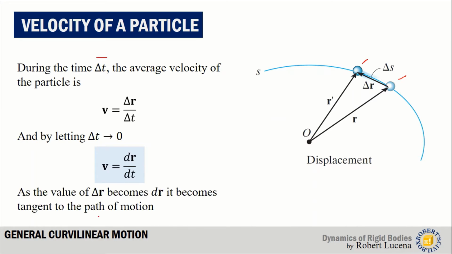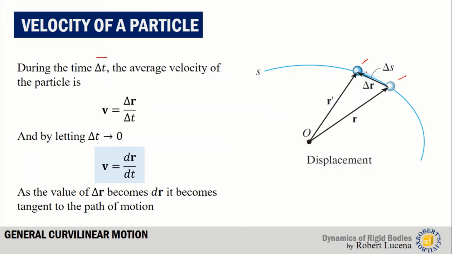And as the value of delta r becomes dr, it becomes tangent to the path of motion. As you can see here, delta r may not be perfectly tangent with the curve because it is like a secant, since it touches the path of motion twice.